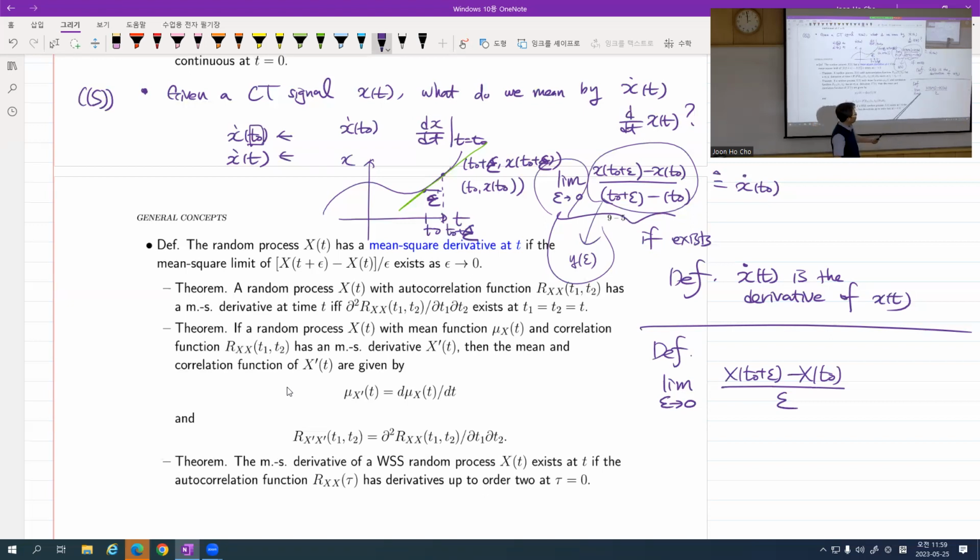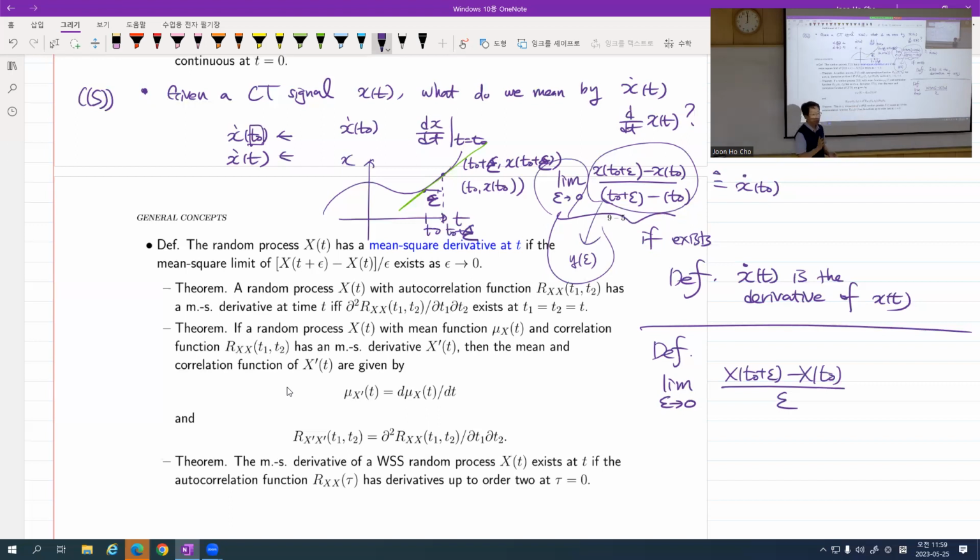Now, this may exist or not, right? Similar to a sequence of functions. Suppose your function is x to the n. Now, n tends to infinity. Does that sequence of functions converge? No, right? You know, right? Similarly, that limit may exist or not.